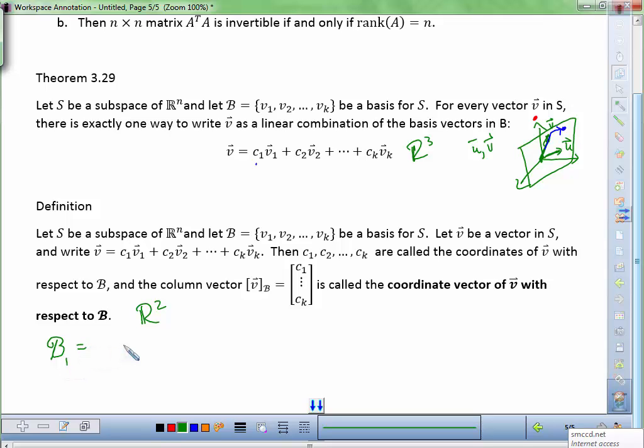Let's write a set of basis vectors in R2. The easiest and simplest basis that we know of is, what is it, (1, 0) and (0, 1), right?